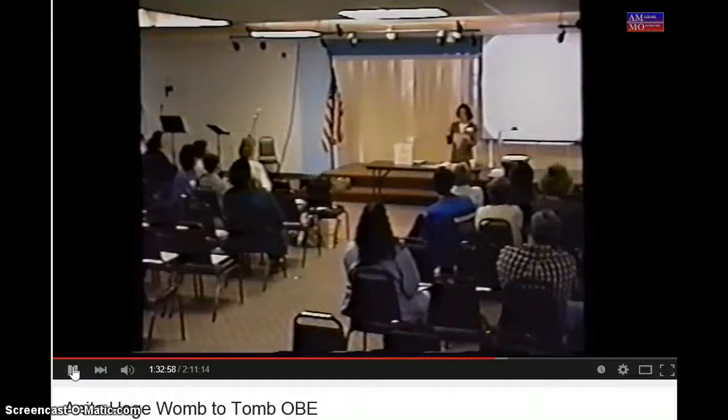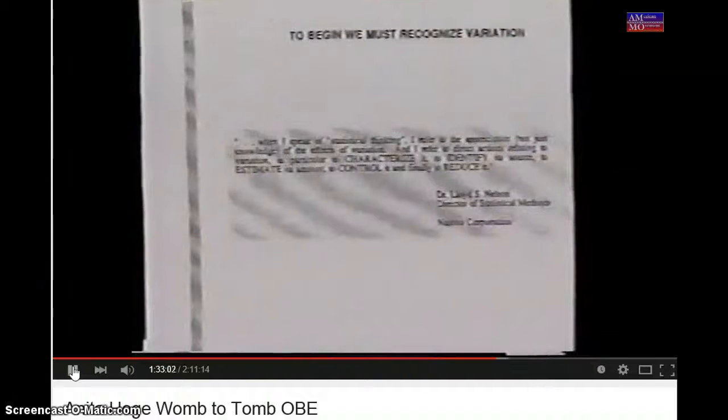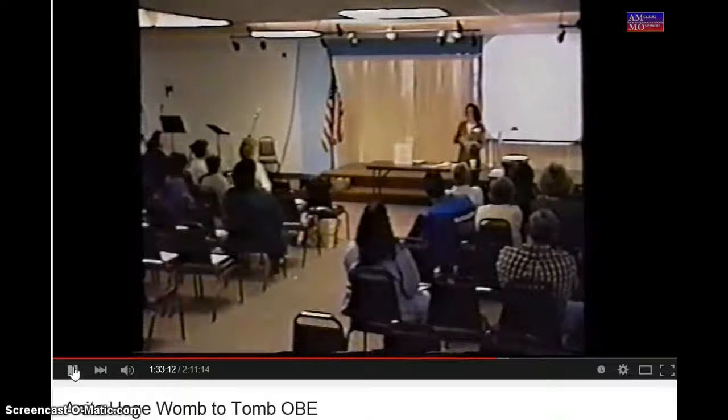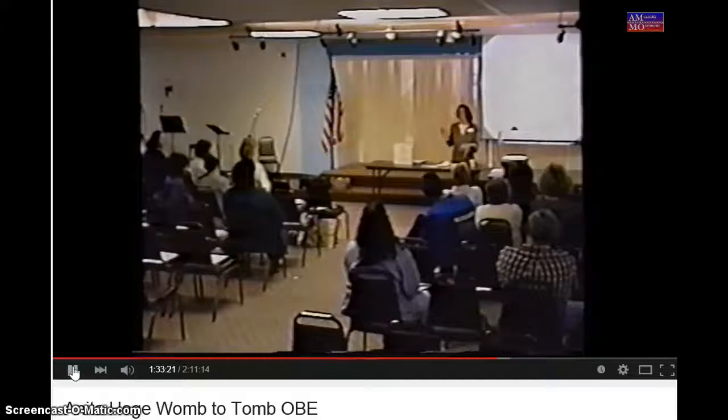In particular, we have to characterize it, identify it, identify the source, estimate its amount, control it, and then reduce it. So the whole idea is that we have to eliminate the defects by controlling it. First, we're going to look at it and characterize it, define it, estimate it, control it, and then reduce it.